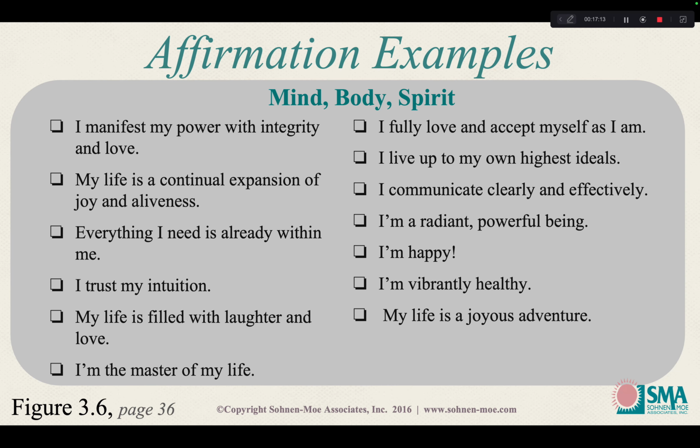So here are some examples, right? I manifest my power with integrity and love. I'm only going to read a couple of these. You don't need to read them all. Everything I need is already within me. I fully love and accept myself as I am. That's a big one. You need to love yourself. I am a radiant, powerful being.